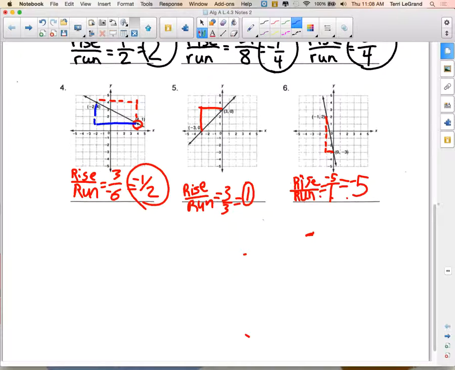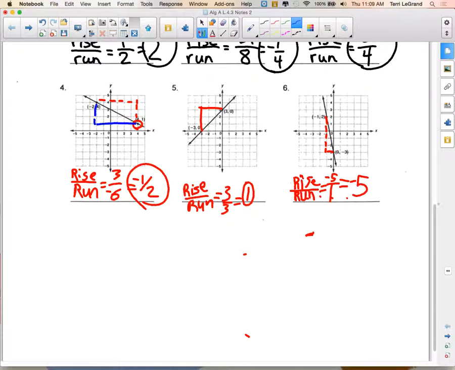A positive slope. Okay, I can't remember who did this one for me. Okay, well, Andrea. So Andrea got a positive slope, so feeling pretty good about that. Anybody get a different slope? Or can we agree with Andrea that you have to rise 3 and run 3, and 3/3 simplifies to 1?